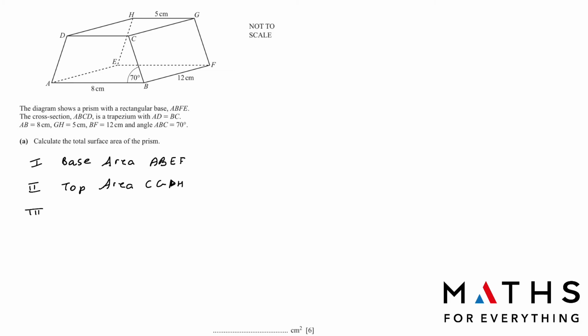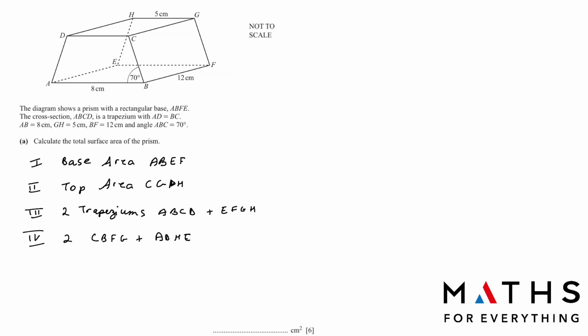And the third, two areas, we have the two trapeziums, ABCD and EFGH. The fourth area we have to find is of the two sides. These two rectangular sides, which are CBFG and ADEH. So these are the four areas we need to find.